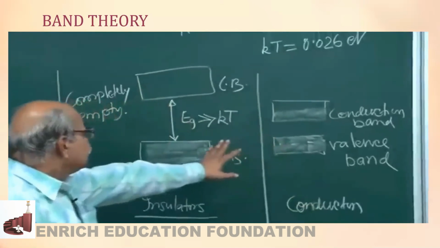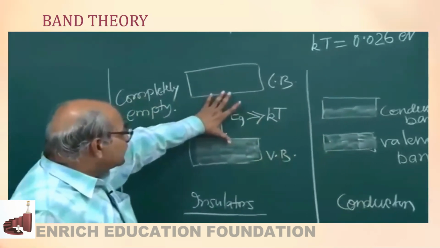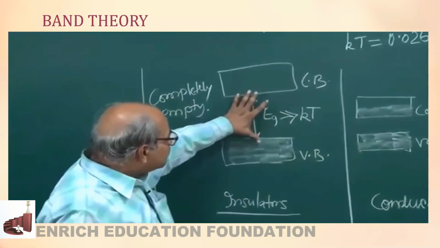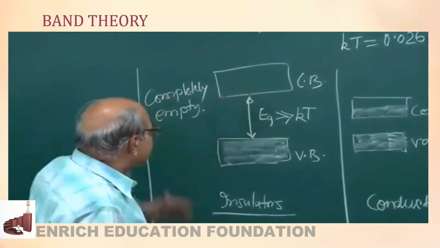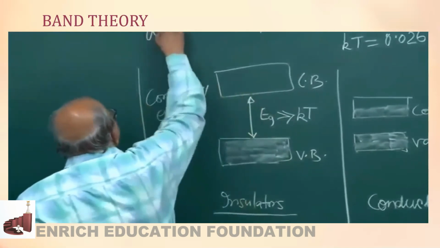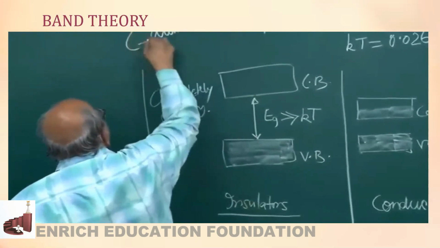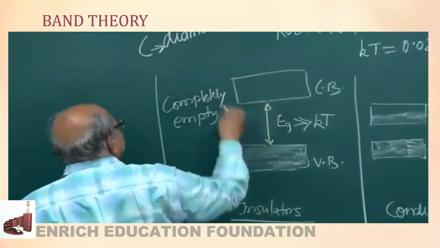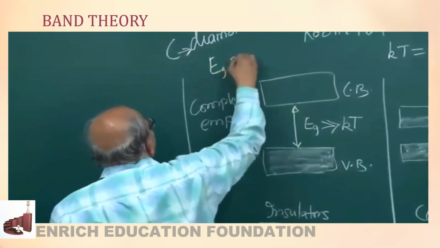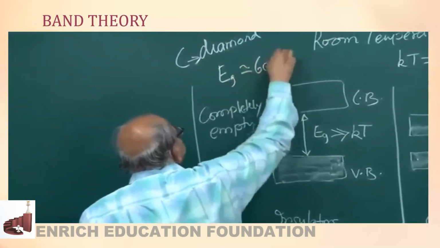So if you have a situation where this gap is large, for example carbon in diamond form, this gap Eg is about 6 electron volts.